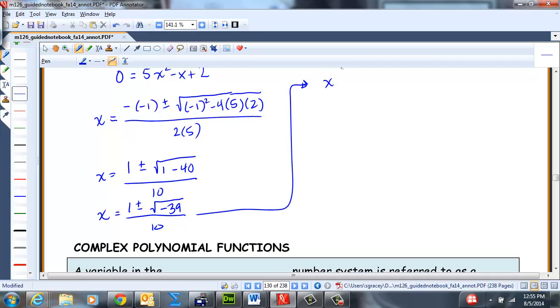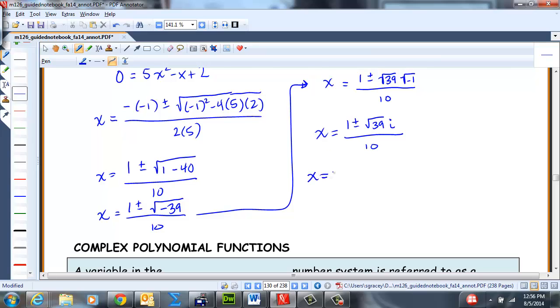Now remember, if you have a product within a radical, you can split it into the product of two radicals. So we'll get x is 1 plus or minus the square root of 39 times the square root of -1, all over 10. And the square root of -1 is i, so we will get 1 plus or minus root 39 times i, all over 10.